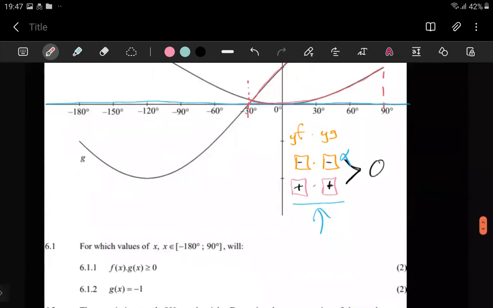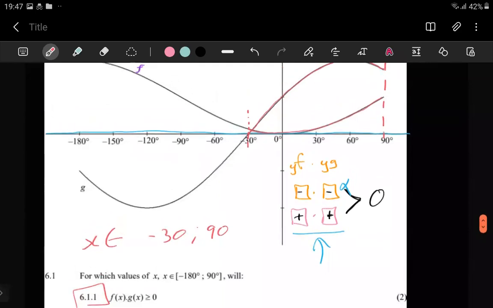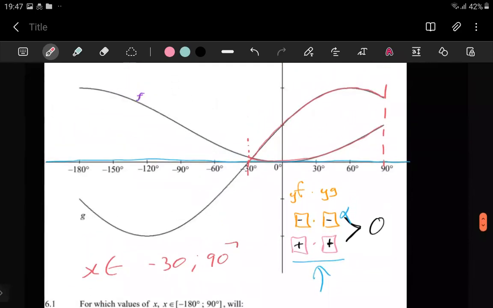So in terms of giving an answer for 6.1.1, where will this be bigger or equal to 0? It will be bigger than 0 between, let's say, x is an element of negative 30 to 90. Now you have to decide whether to put square brackets or round brackets. For the 90, we're going to put a square bracket because specifically at 90, this is a positive, this is also a positive.